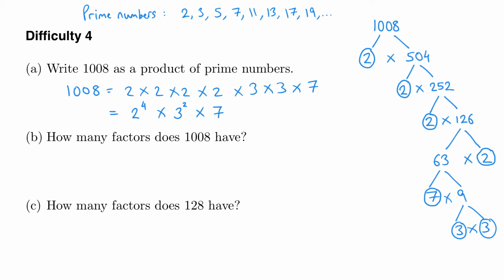We're going to start by using this prime factor decomposition, ideally written in this format here with the indices. What I'm going to do is write it again, but where anything is to the power of 1, I'm just going to write that really clearly as being to the power of 1. So in this case, we have 7 to the power of 1. To find the total number of factors that 1008 has, what we need to do is take all of the indices, which I will highlight like this.